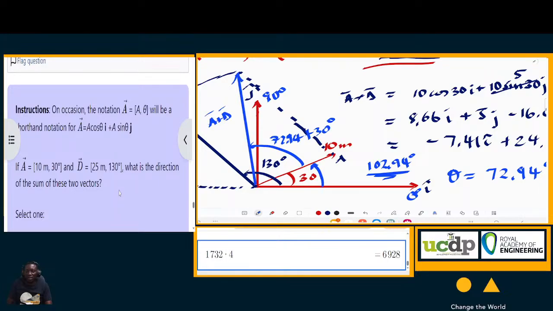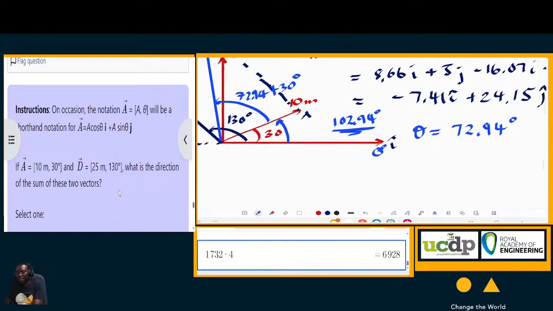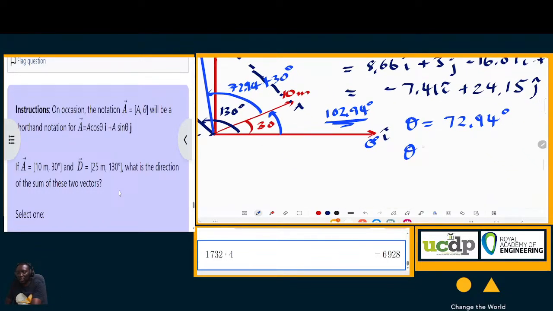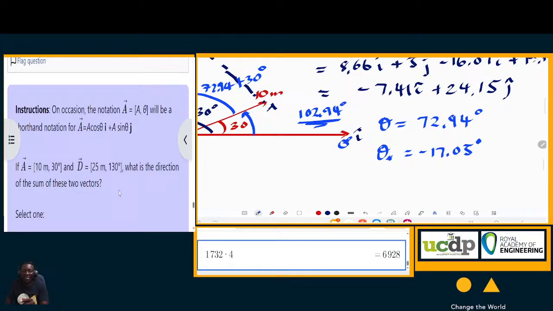Minus 17.05. Okay. How did you get that angle? Oh, I made a mistake. All right, so check where the mistake is and correct.